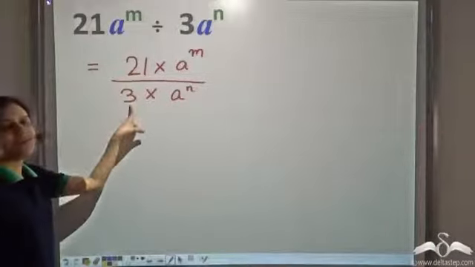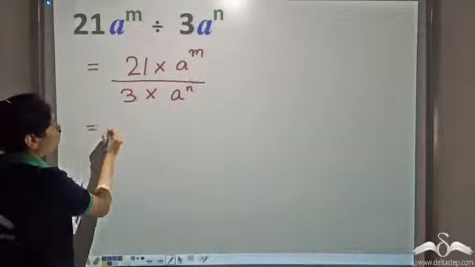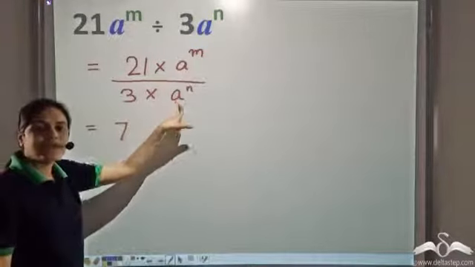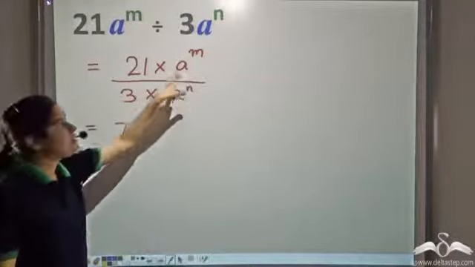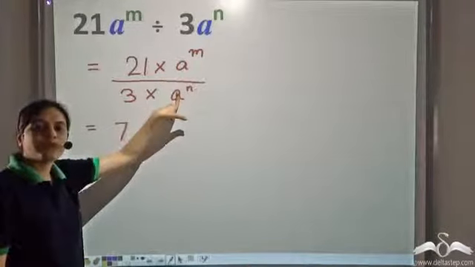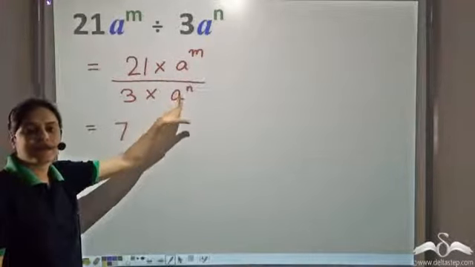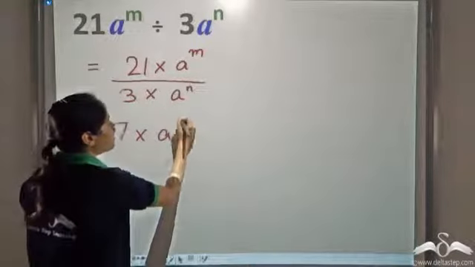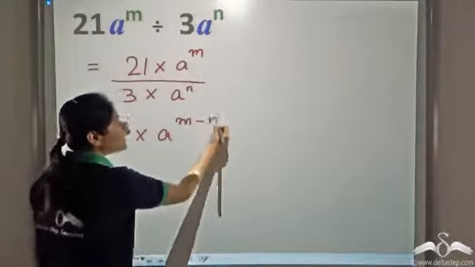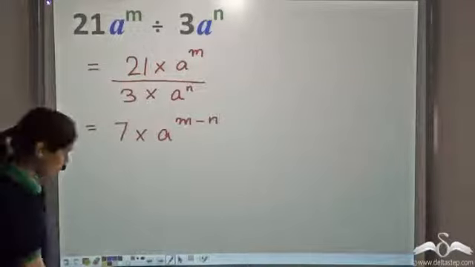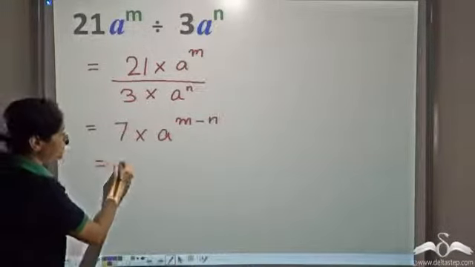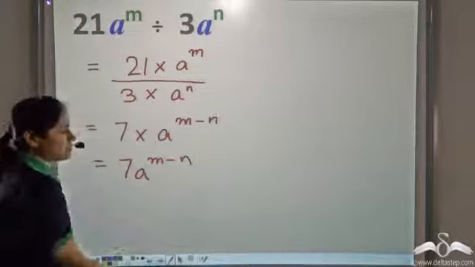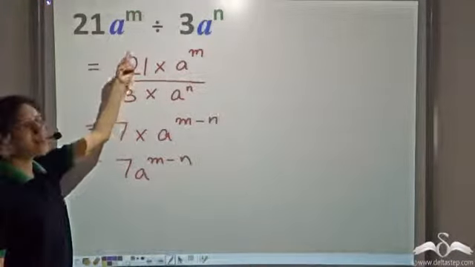Now 21 divided by 3 is equal to 7. a to the power m divided by a to the power n. We see that these are exponentials with the same base a. So we can write it as a to the power m minus n. So this is 7a to the power m minus n. So this is what we have.